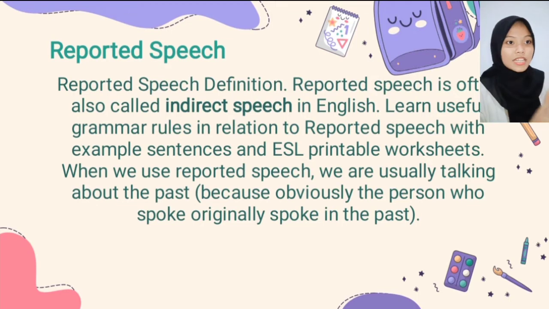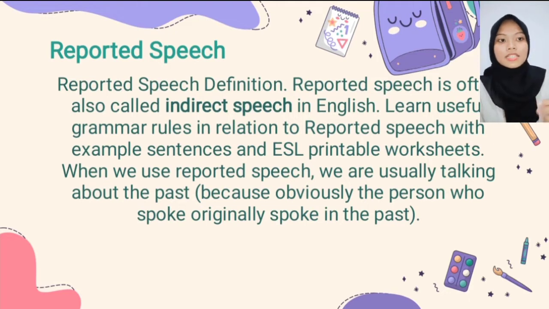Reported speech definition. Reported speech is often also called indirect speech in English. Learn useful grammar rules in relation to reported speech with example sentences. When we use reported speech, we are usually talking about the past, because obviously the person who spoke originally spoke in the past.